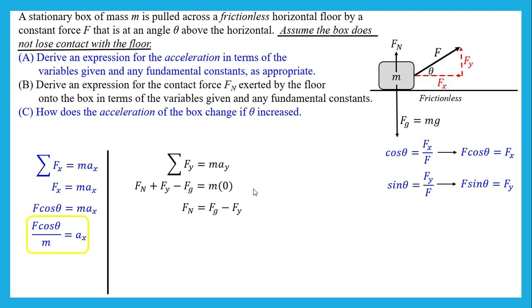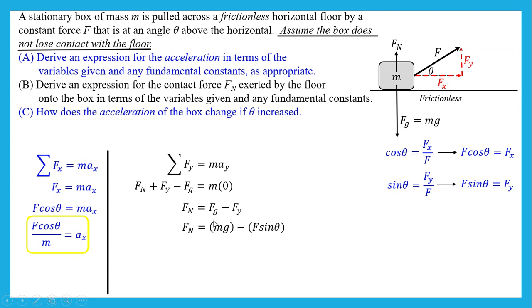In that case, to solve for Fn, I need to get rid of this Fy and this Fg. So moving Fg, or negative Fg, to the right side of the equation changes the sign. So it goes from negative Fg to positive Fg. And then this positive Fy component, now if I move it to the other side of the equal sign, would now be negative Fy. So therefore, I can go ahead and substitute the two functions here.